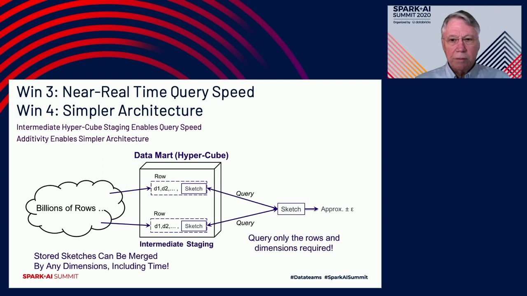The next two major wins using sketching is we can achieve near real-time query speed and very much simpler architecture. So in this diagram, what I'm showing is you have, say, billions of rows in your source data.